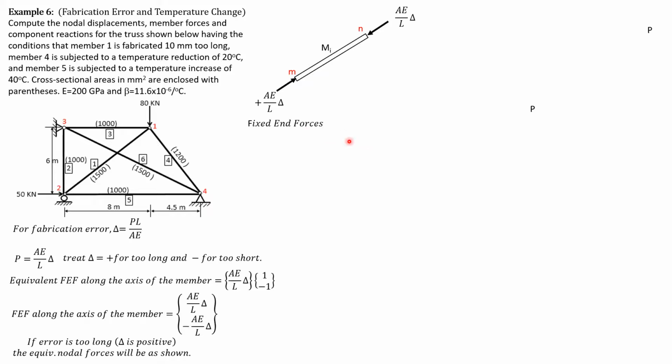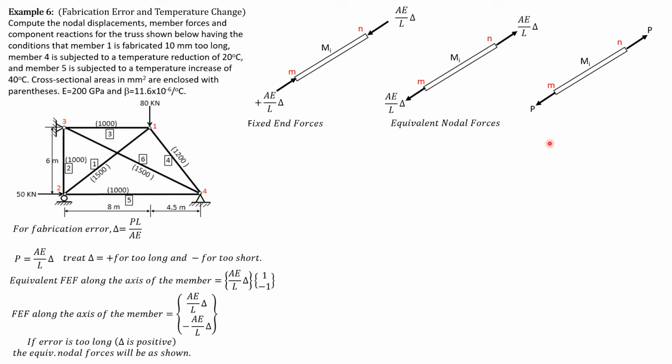So this is the fixed end force. Fixed end forces as a result of this, so it is in compression, but the equivalent nodal forces would be tension, opposite to that. So that's why it's tension here for member I, and member I is directed from end to end. Then we resolve these forces into components. To resolve that into components, we have to use the slope of the member, which is this.